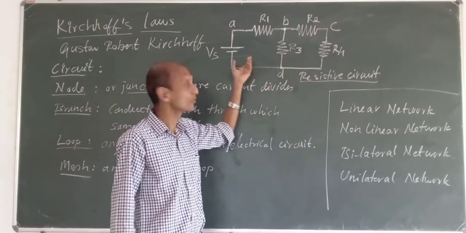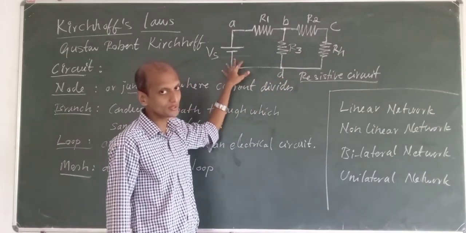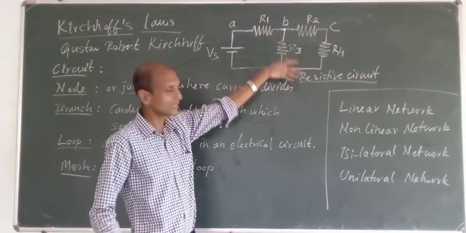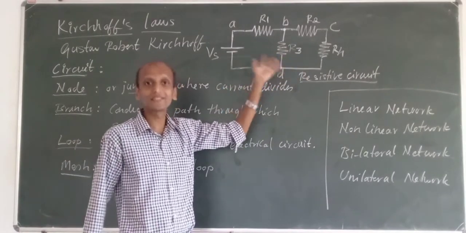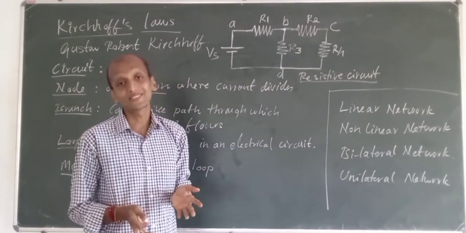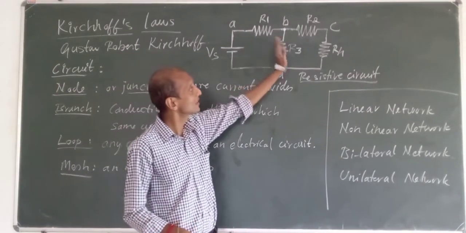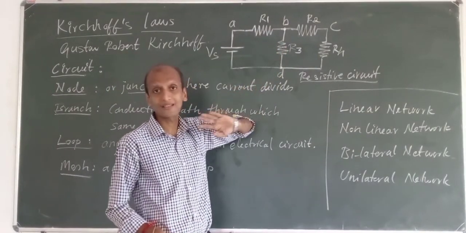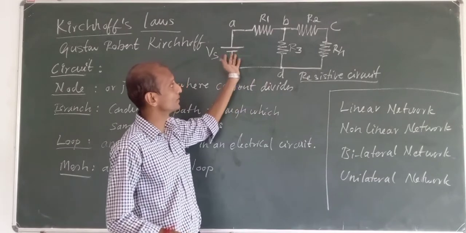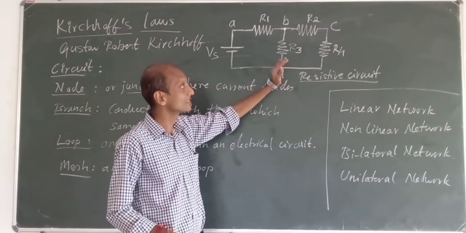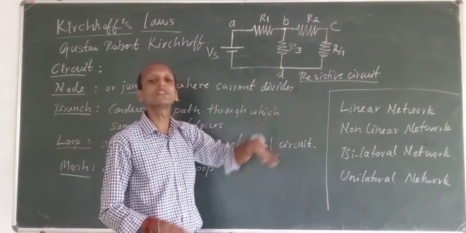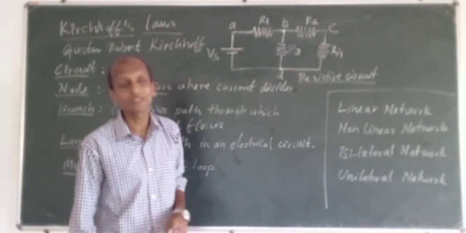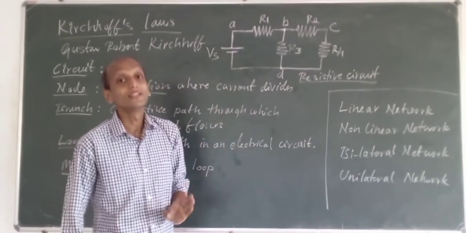Because other than the voltage source, all of the components in this circuit are resistors. It has four resistors and nothing else. So I can call this a resistive circuit, comprising all resistors.